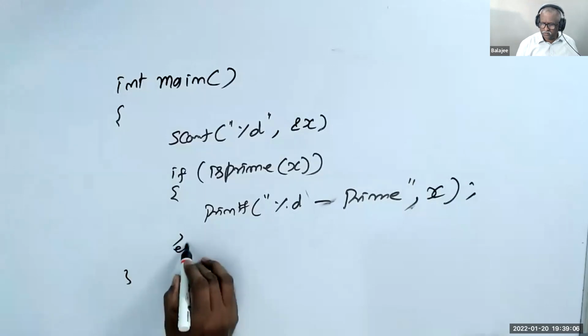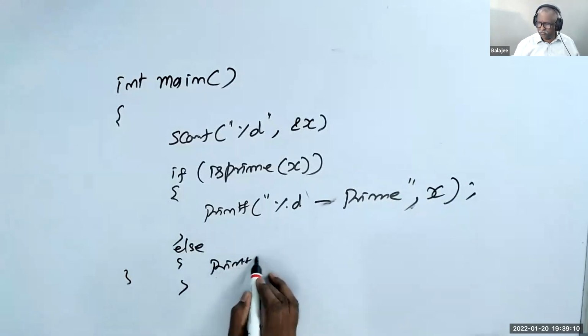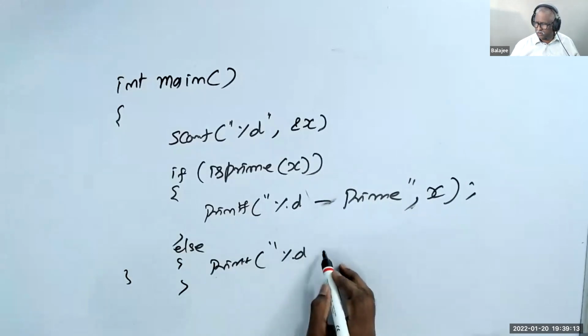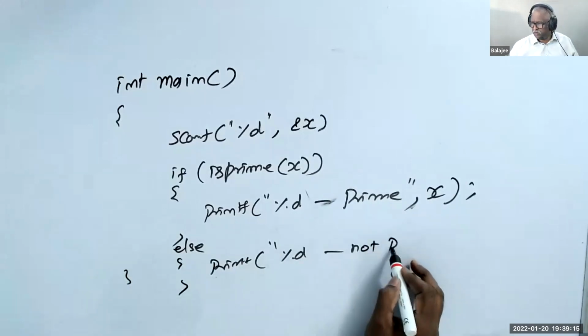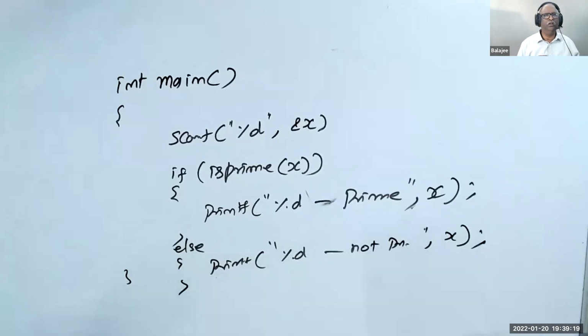Else printf not prime. Understand now? Write like this.